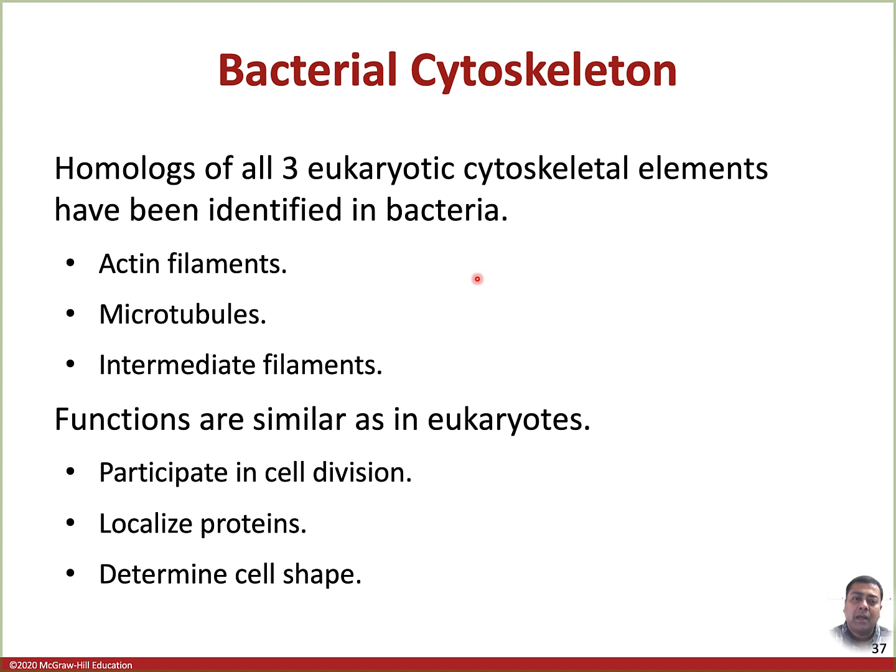Actins are the microfilaments. Microtubules are made up of the protein tubulin in eukaryotes, and intermediate filaments are made up of myosin in eukaryotes, and there are similar analogous structures in bacteria as well. They participate in cell division, localize proteins, and determine cell shape.